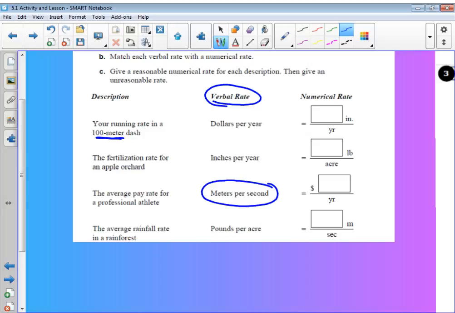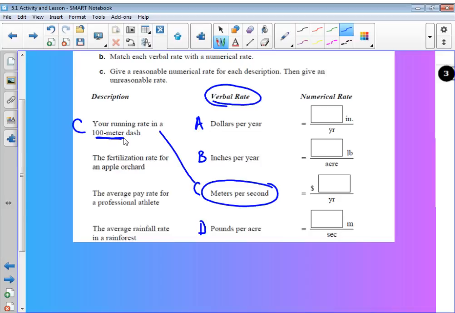So our meters per second would be, let's go ahead and just label these A, B, C, and D. So we're going to say that it's C. If you would rather draw a line, that's okay too, depending on what you prefer. And then we're going to also match that with our numerical rate.